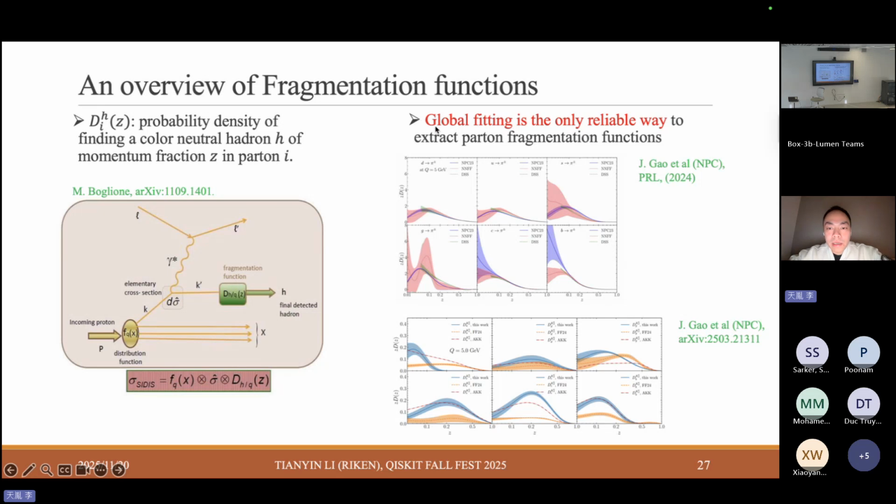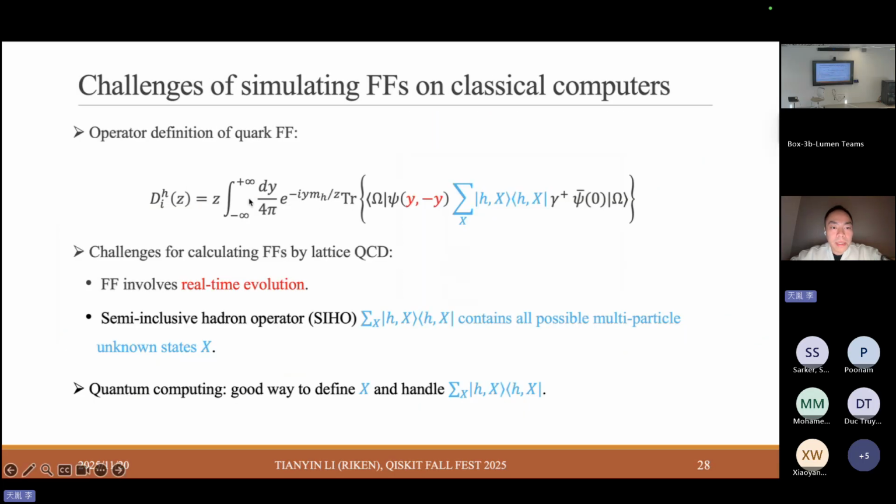Nowadays, the only reliable way to extract the parton fragmentation function is QCD global analysis, which means a first-principles calculation of the fragmentation function is still missing. That is because the fragmentation function is the Fourier transform of light-cone correlation functions.